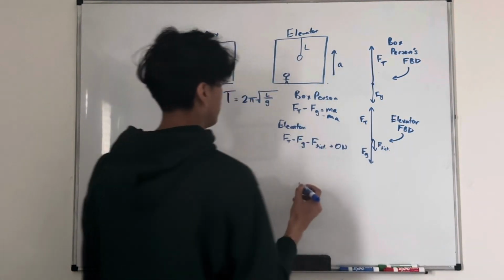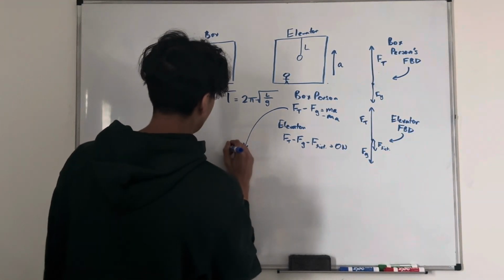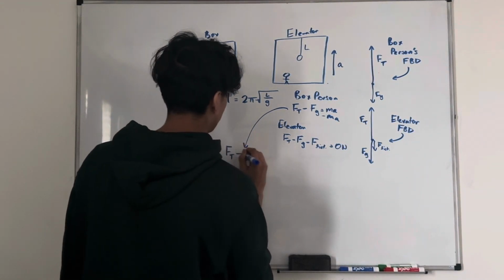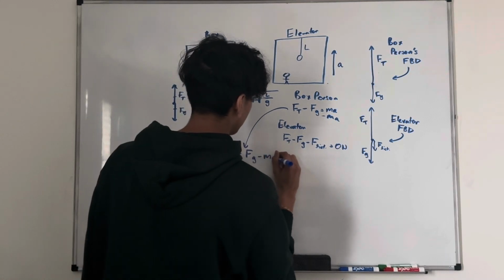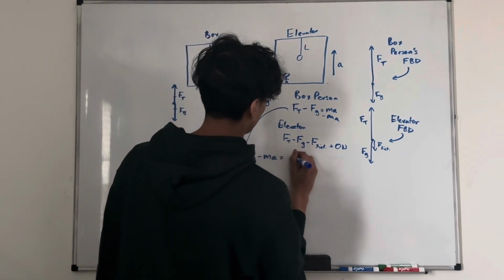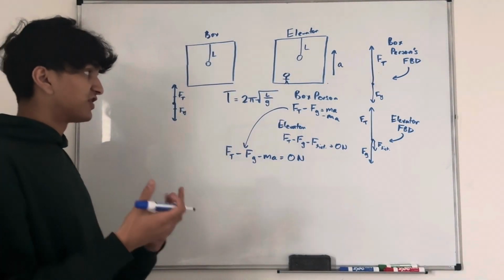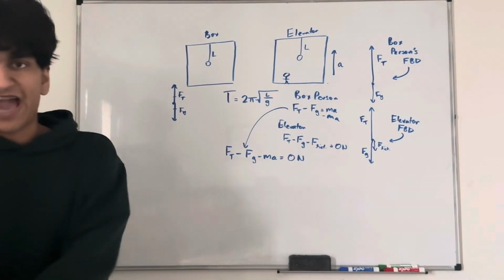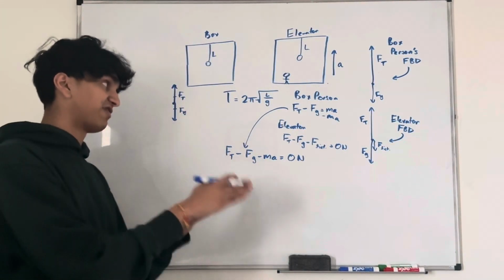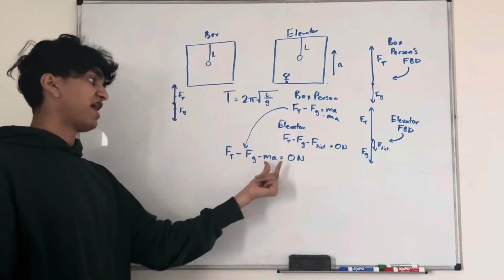So what I get here is Ft minus Fg minus ma would have to equal 0. In other words, if a force needs to be added that would make the net force 0, it would have to have the size of ma, right?